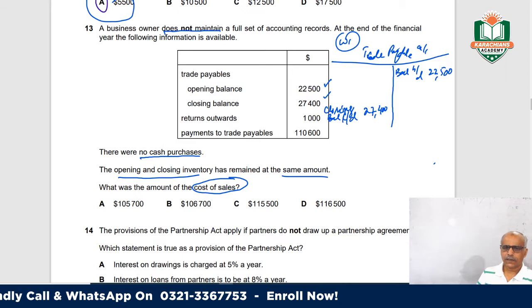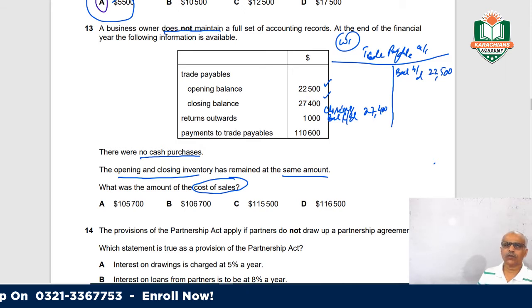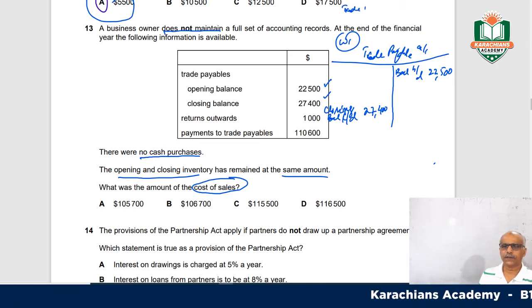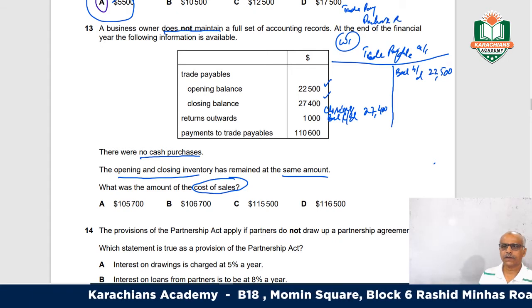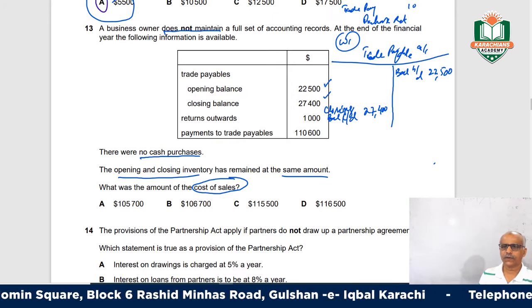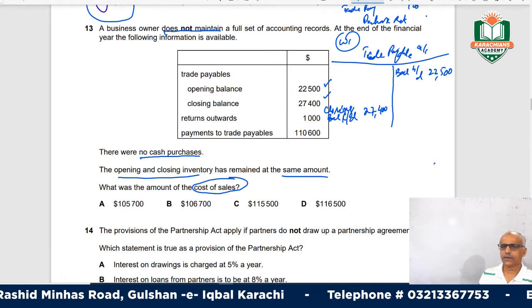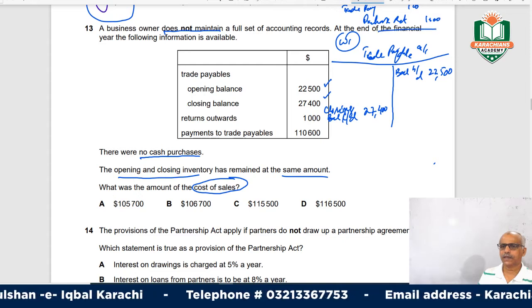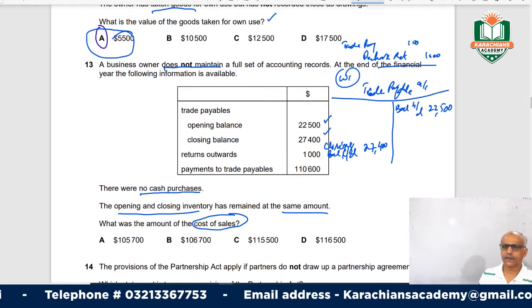Returns outward, you know what entry we make when returns outward means purchase returns. Here we debit trade payable and purchase returns are credited, whatever the amount is. If it is 1,000, trade payable will be debited and purchase returns will be credited.